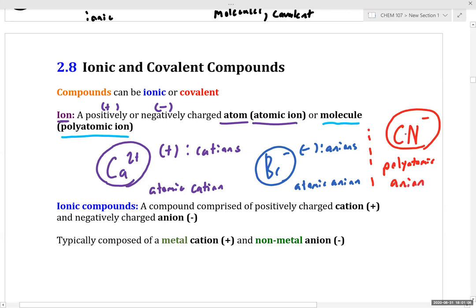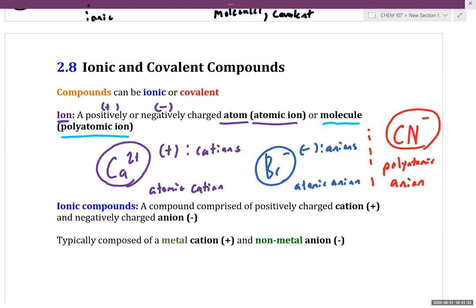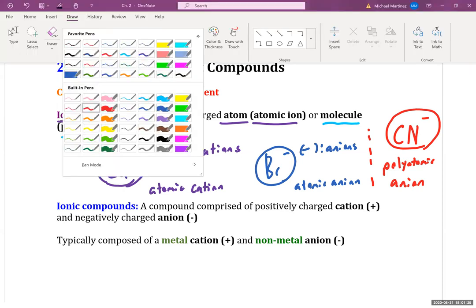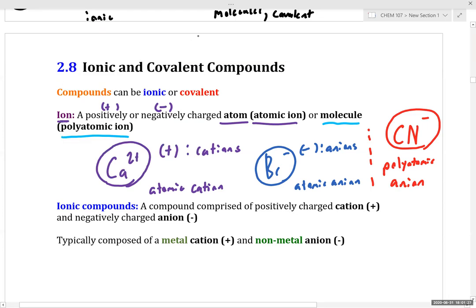We have a molecule with a net charge, and because it has a negative charge, we call it a polyatomic anion. Does this idea make sense to everyone? That ions are charged atoms or molecules, positively charged species, cations, negatively charged species, anions.